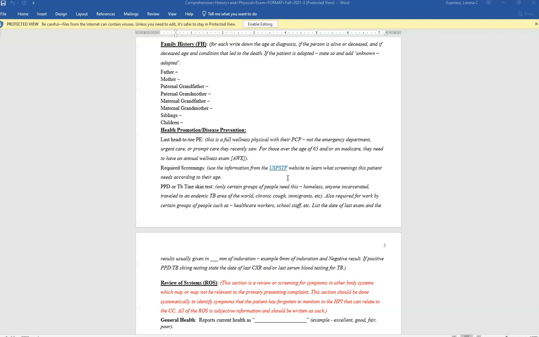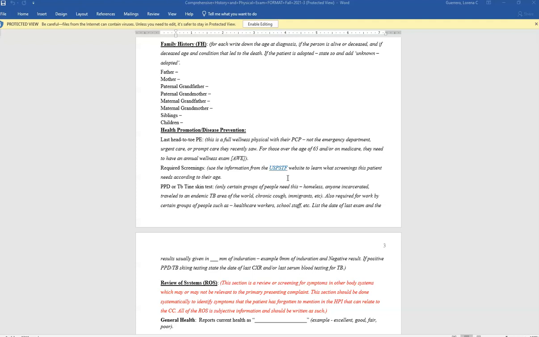Okay. TB screenings, we're looking at homeless, maybe someone that has been incarcerated, or traveled to an area of the world where TB is endemic, like a common thing. Anyone maybe with a chronic cough, some immigrants, need to have it.